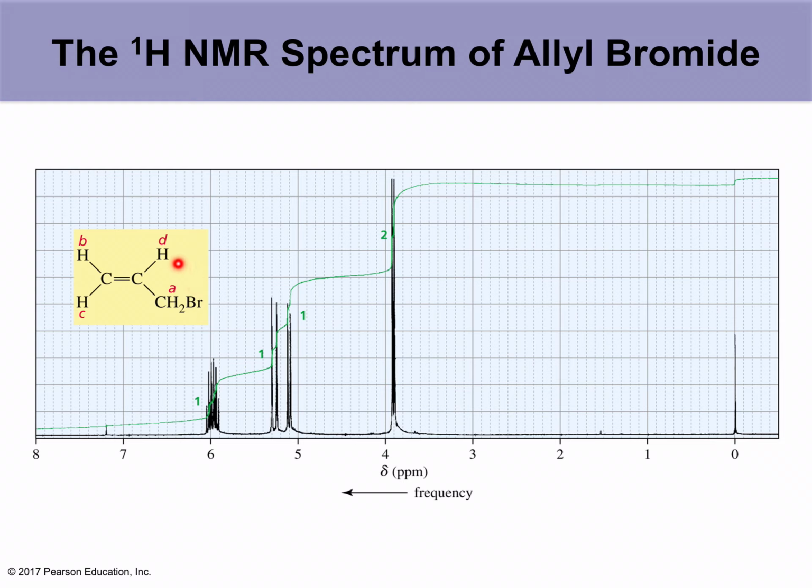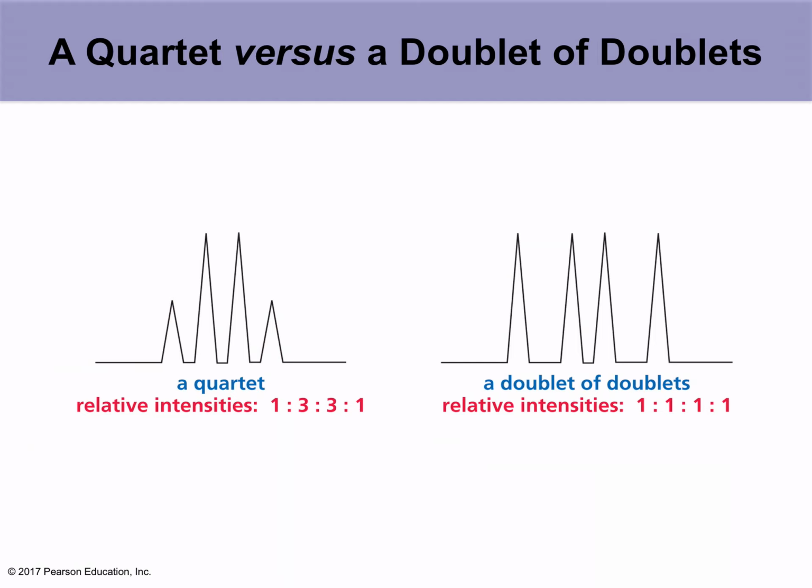And then if you look at the D hydrogen, that will split due to C, a trans coupling, and also that is going to split due to B and also due to A. So you can see a multiplet right there. A quartet versus a doublet of doublets.